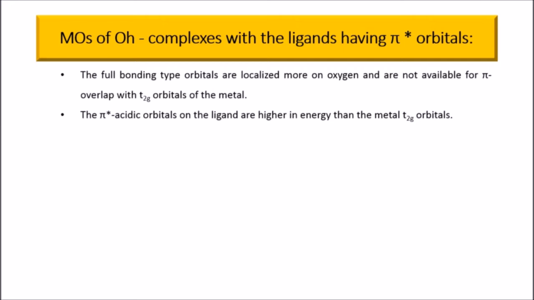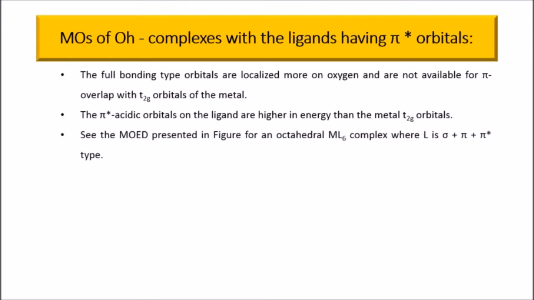It means that from the lower t2g of the metal, electrons will go into the higher pi star acidic orbital of the ligand. So this is a different type of interaction you will witness in this example of hexa carbon monoxide metal complexes.